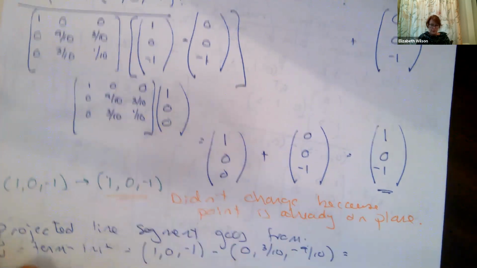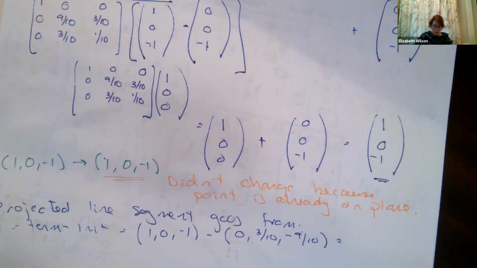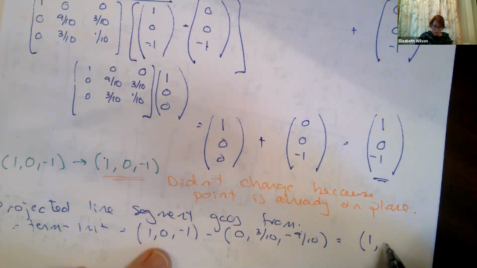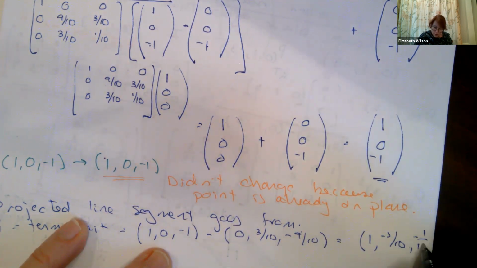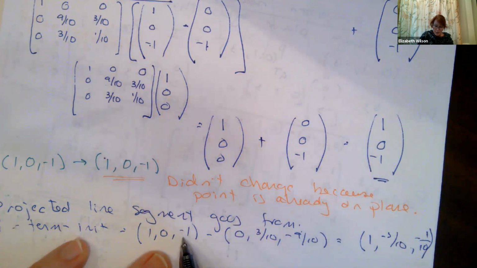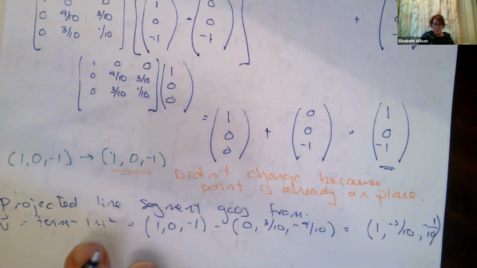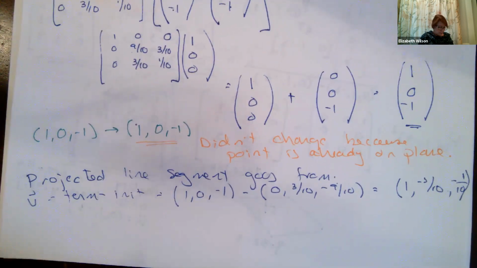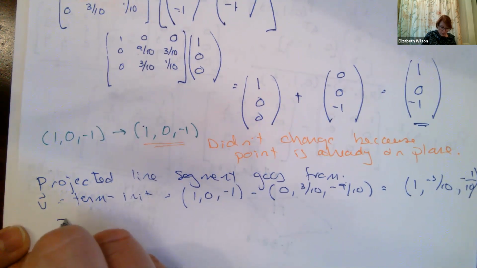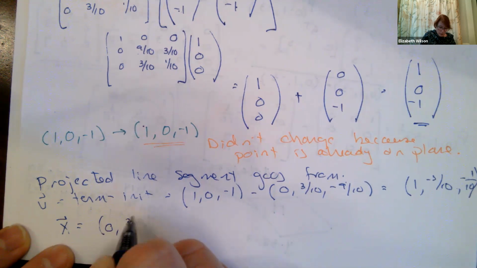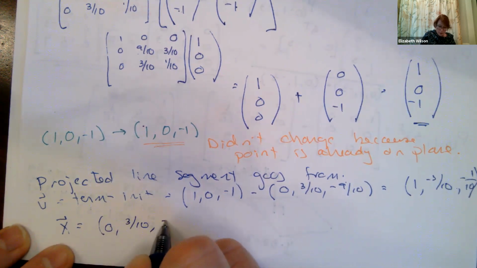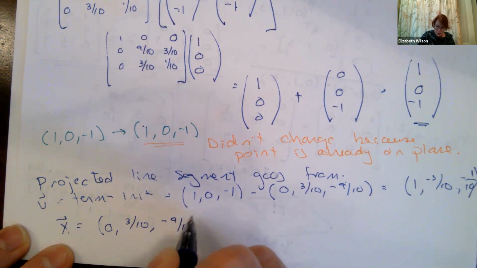And that's going to give me a vector equal to 1, minus 3/10, and minus 1/10. Right, this is minus 10/10 plus 9/10 gives me minus 1/10.